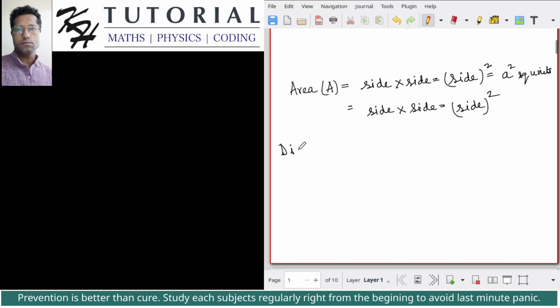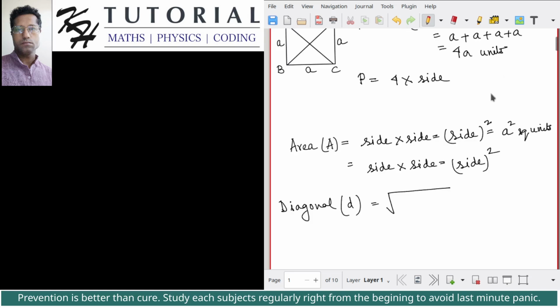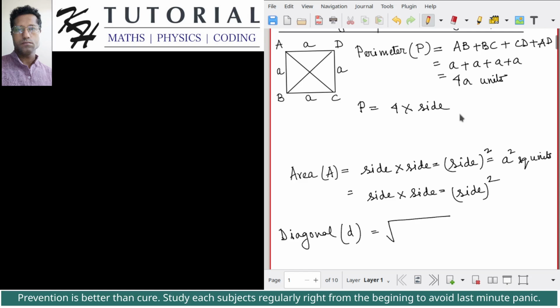If we represent the length of the diagonal of the square as d, this will be square root of, as we know, length square plus breadth square, and since it is a square, length and breadth are the same, so it will be a square plus a square.